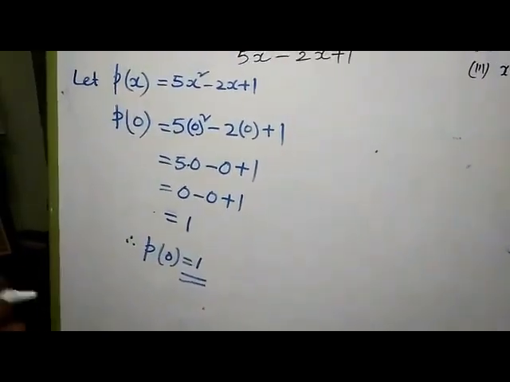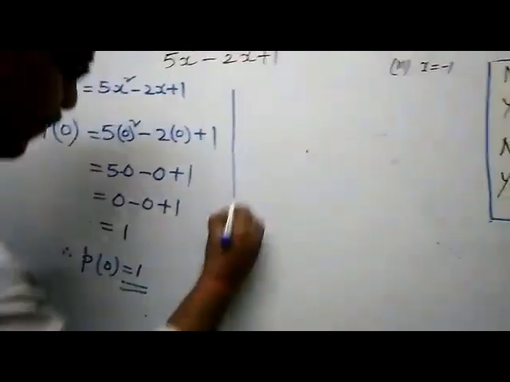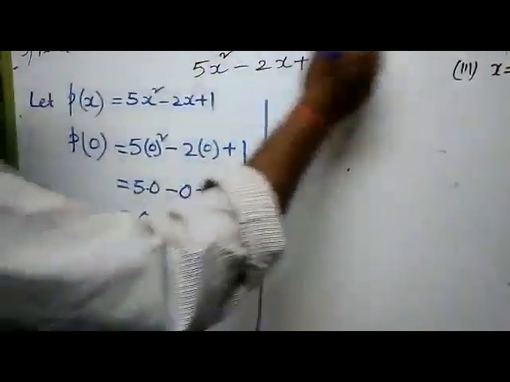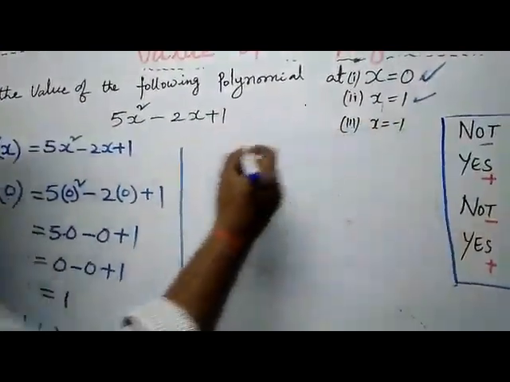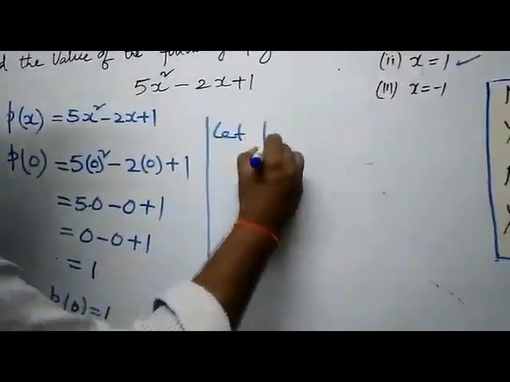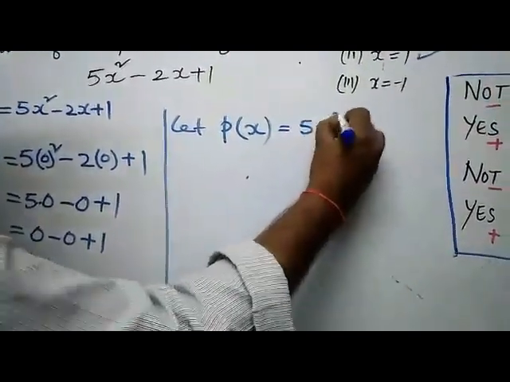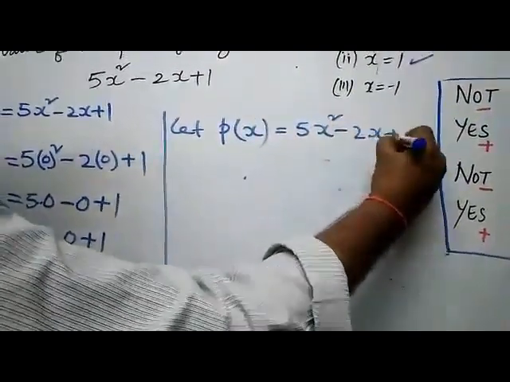Next one, the second one. Find the value of the polynomial at x is equal to 1. Let P of x be 5x square minus 2x plus 1.